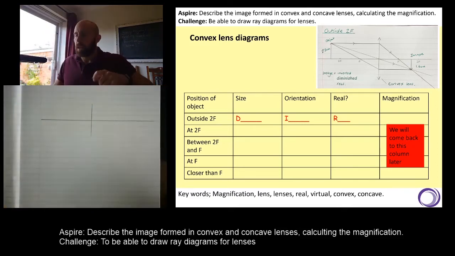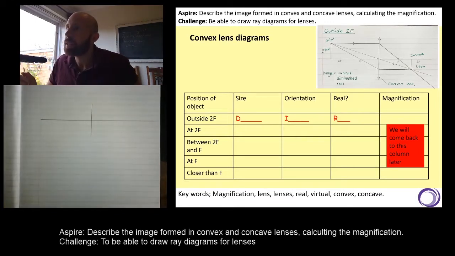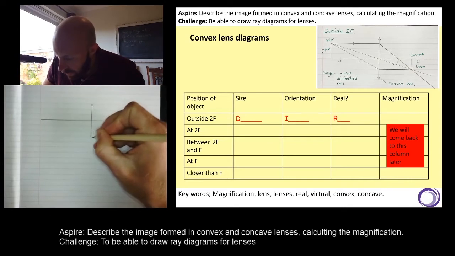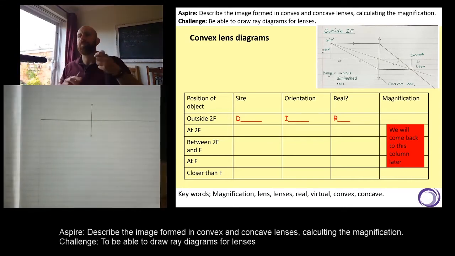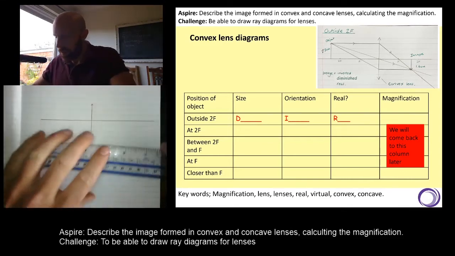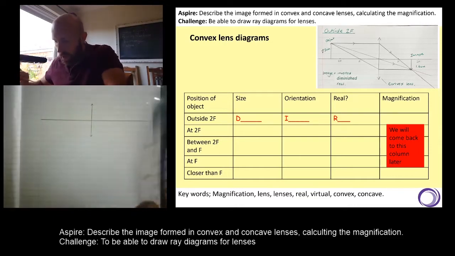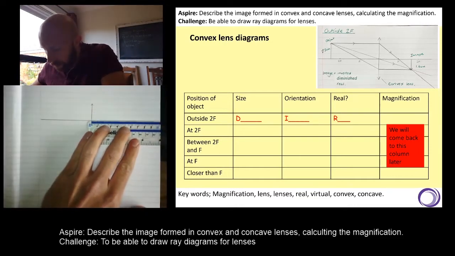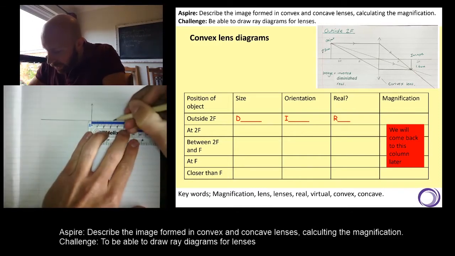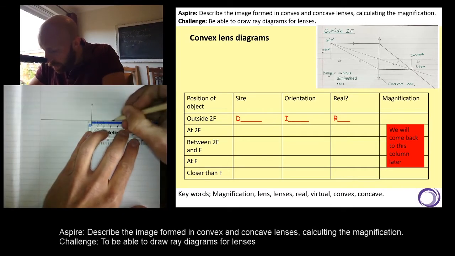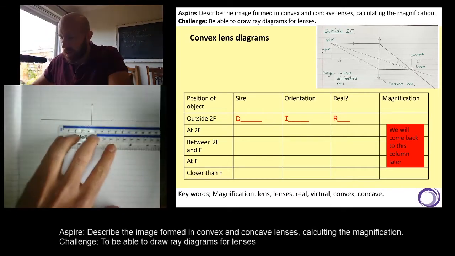And they're all convex. So convex, we put that symbol on. And we'll do the same focus points as last time. So we'll have a 3 centimeter focal point, which means that we have a principal focus at 3 and 2 principal focuses at 6. Make sure we've got those nice and accurate.